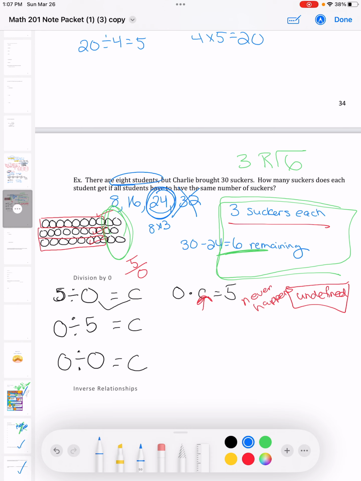Let's see, going this other way. Again, remember that dividend is going to be my answer there. So 5 times C equals 0. So 5 times some number equals 0. This is true when C is 0. Plugging in here, when C is 0, 5 times 0 does equal 0. So this would give me the answer of 0.